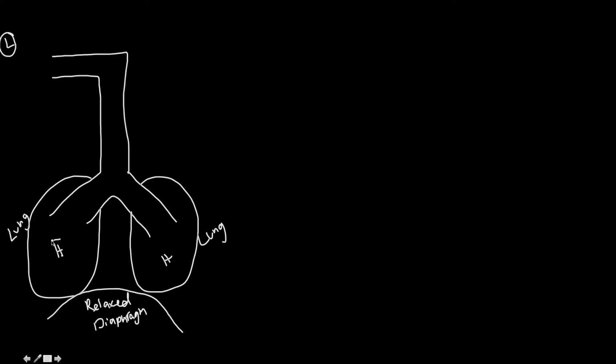Now, if you remember way back to when we learned about diffusion, molecules like to move from high concentration to low concentration. They like to do the same thing with pressures. So when you create high pressure here and lower pressure here, molecules want to move from the high pressure to the low pressure. So this is how you exhale. This is how you breathe out. Okay? So this is exhaling.